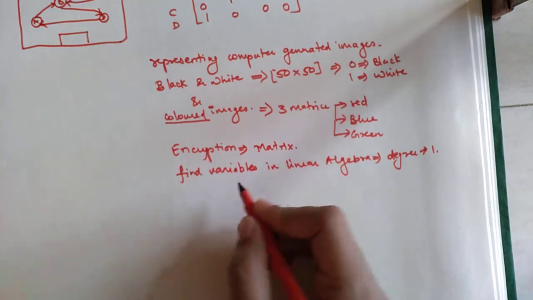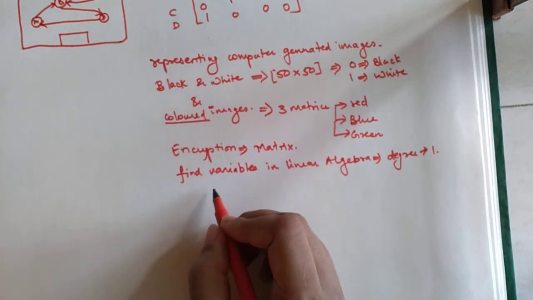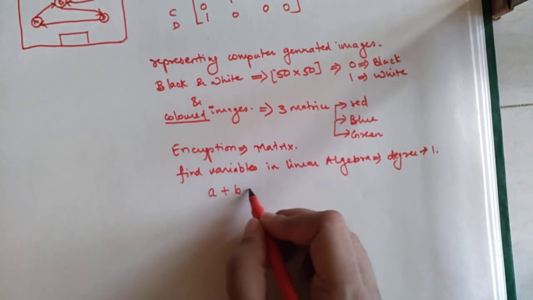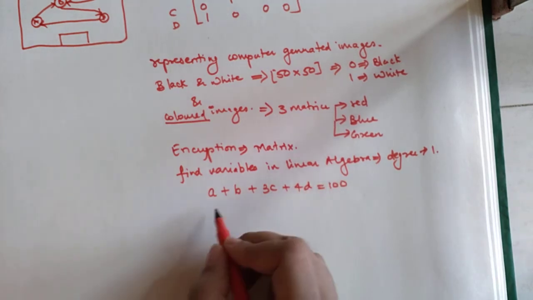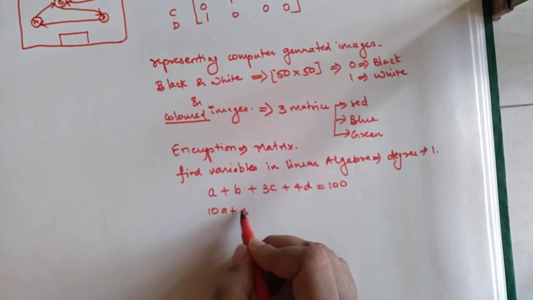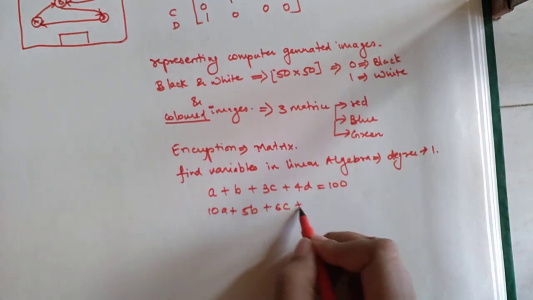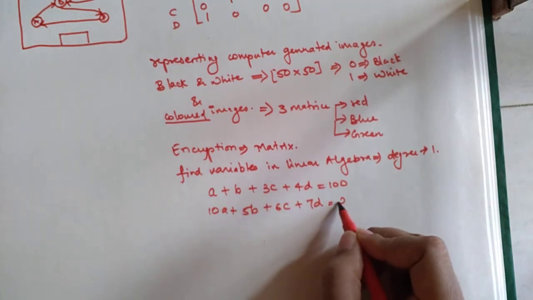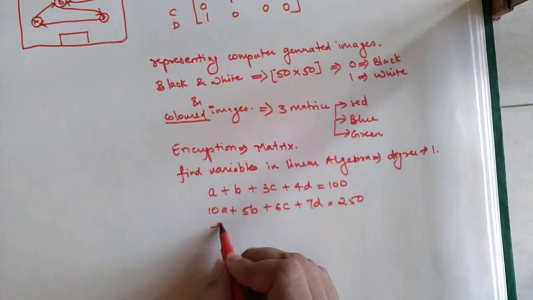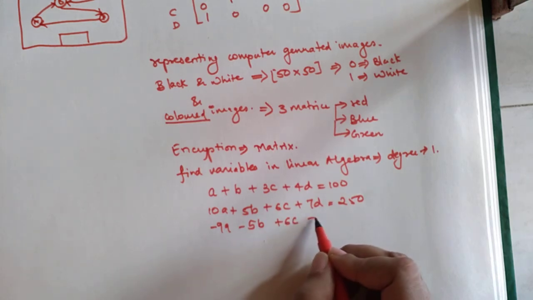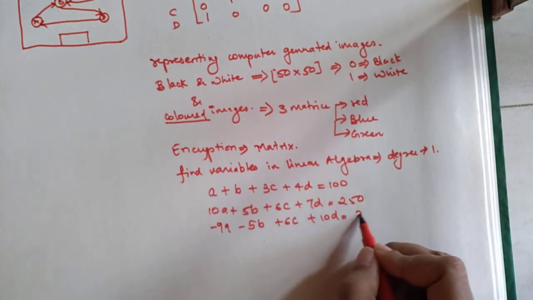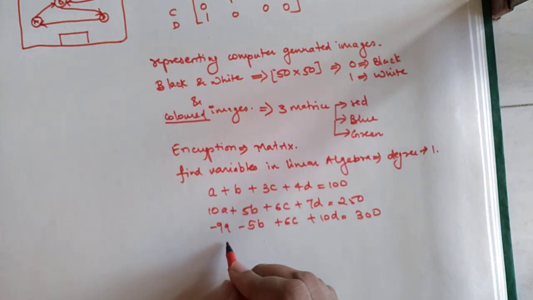Let's take an example where I'm going to use 5 variables: a plus b plus 3c plus 4d is equal to 100, 10a plus 5b plus 6c plus 7d is equal to 250, minus 9a minus 5b plus 6c plus 10d is equal to 300. And since we are using 5 variables, we'll have 5 equations.